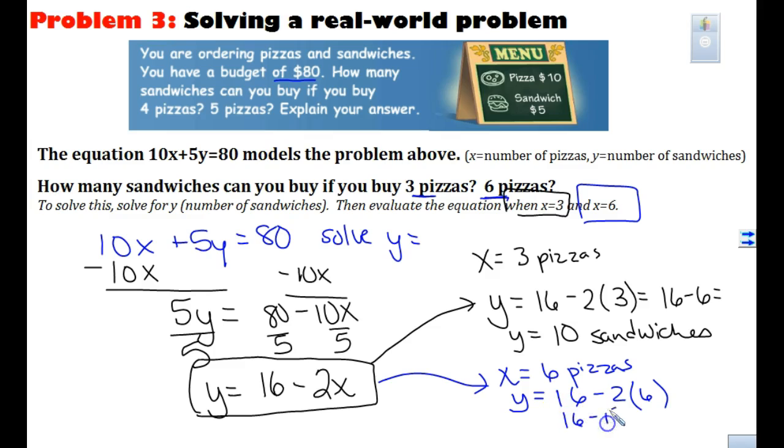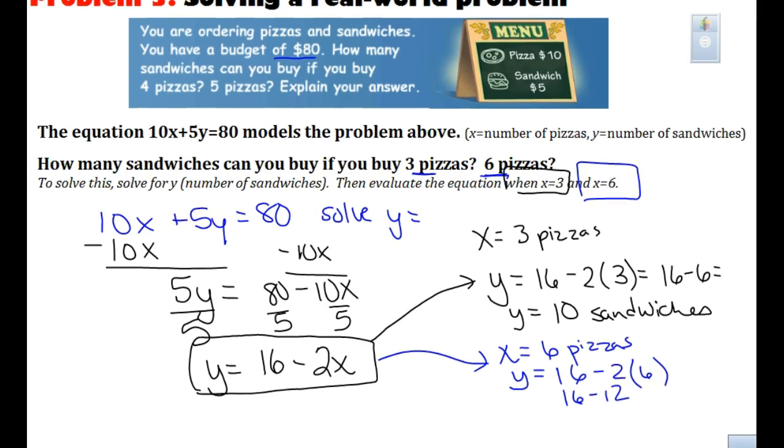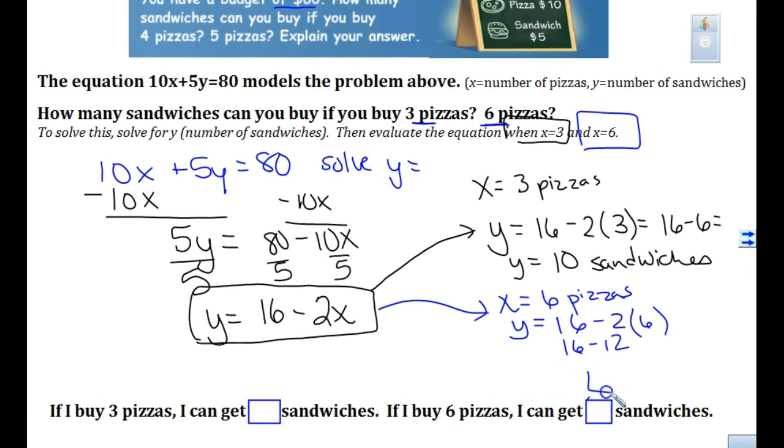So 16 minus 12 means that we can have 4 sandwiches, right? 16 minus 12 equals 4. 4 sandwiches, this one was 10 sandwiches, okay?